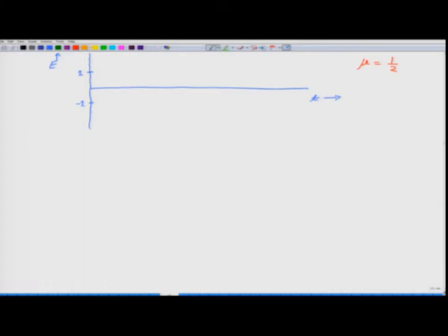So, the modulating wave will have a maximum here and a minimum here. So, this will be basically 1.5 and this will be 0.5. So, my amplitude modulating wave will vary like this. So, this is 1.5, with a maximum value here and a minimum somewhere on the lower side.